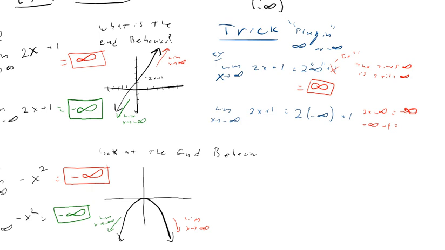If I have a negative infinity and I add a 1, it's not going to change the number. The positive 1 is also insignificant, too small to matter. Negative infinity plus 1 is still going to be negative infinity.